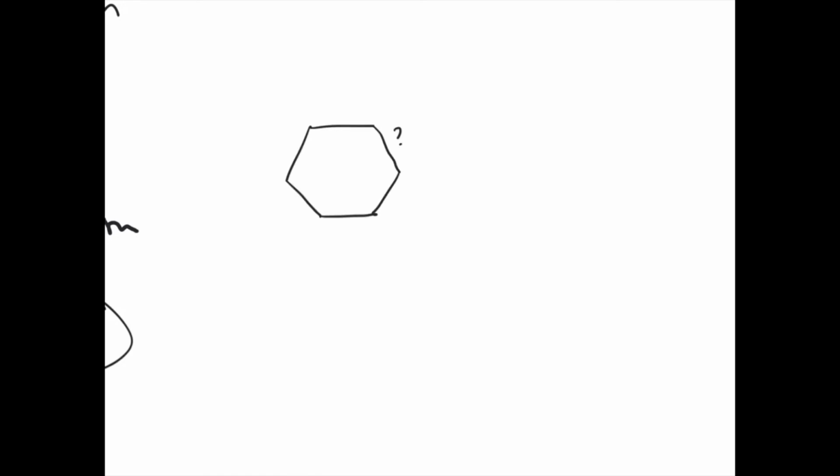And of course, you can do that for any regular polygon. If I have a hexagon here, a 6-sided shape, I don't know what the side lengths are, but I know that the perimeter, let's say, is 36 centimeters.